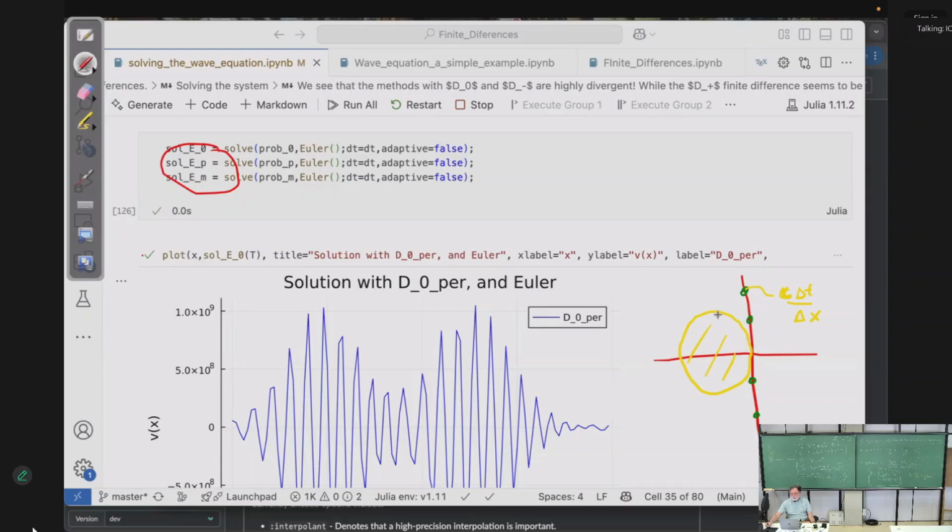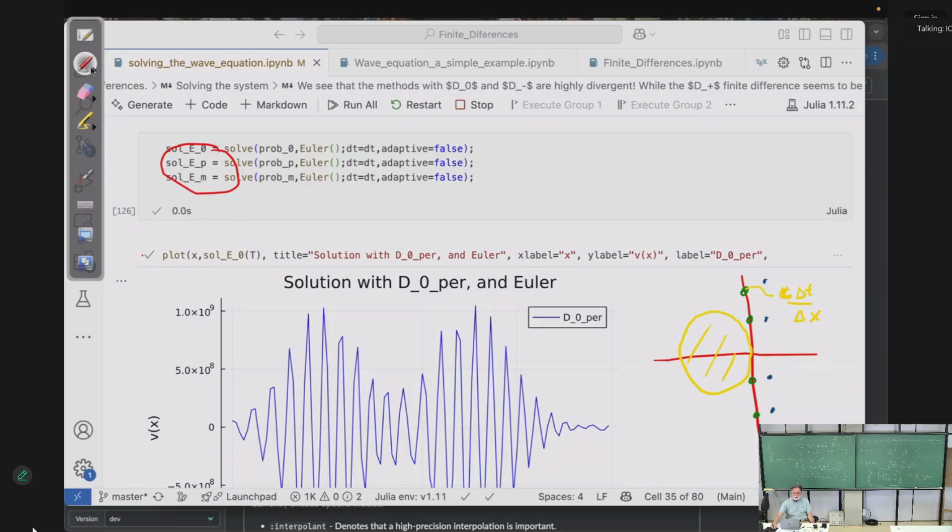Now the D plus, D minus has the eigenvalues, the D minus has, let's use blue, some eigenvalues which are moved here. Have a positive real part. So these are worse.